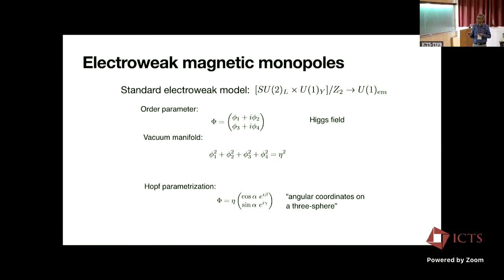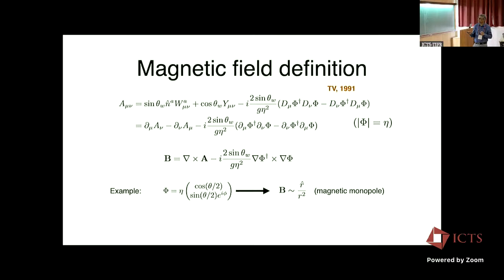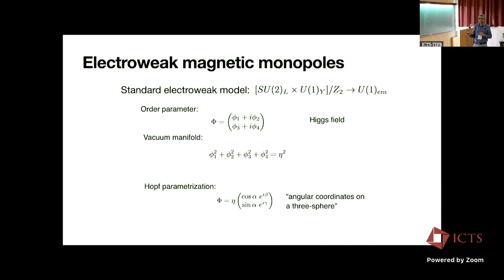It has actually been known that the S3 is isomorphic to S2 cross S1 locally; it's called the Hopf fibration. What I'm saying is that life can be more subtle than just looking at the vacuum manifold.